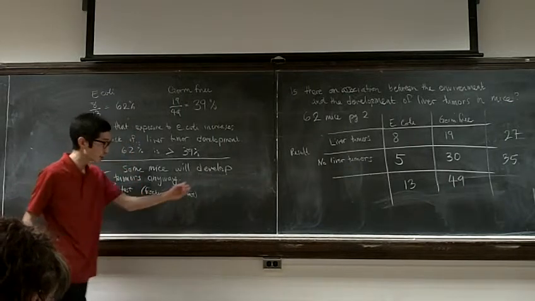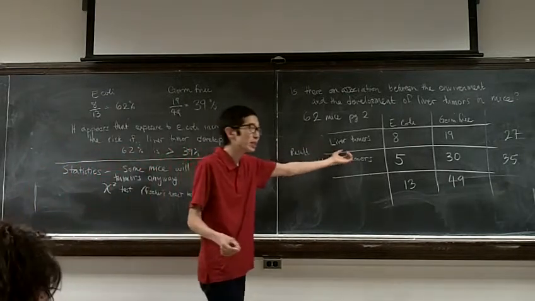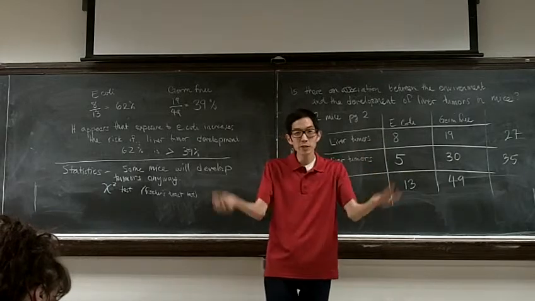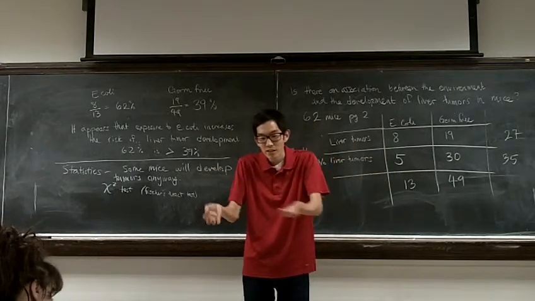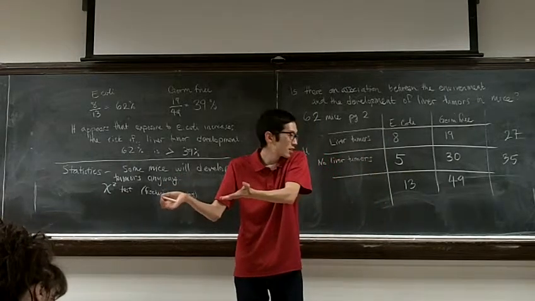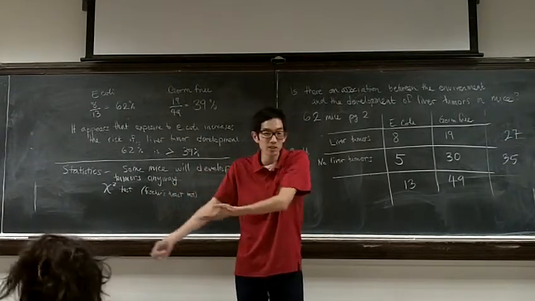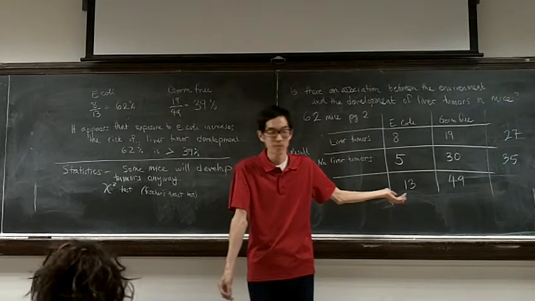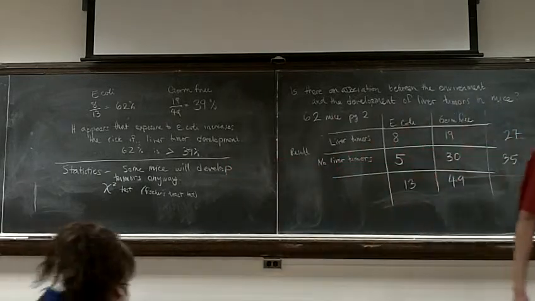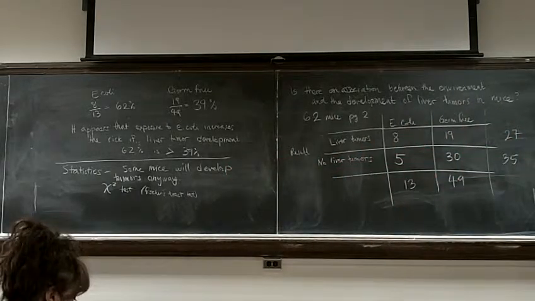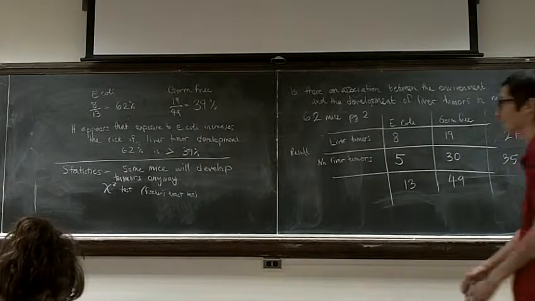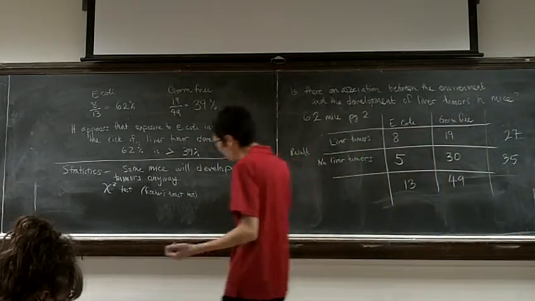We can calculate the probability that just from random assignment, 8 of the mice that were going to develop liver tumors anyway ended up in this group of 13. And it turns out that that's going to happen 12% of the time.